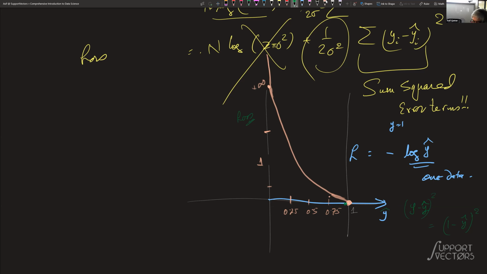Now, what about y hat equal to 0? When the prediction is 0, then this is 1. So it will start from here. And it is a quadratic, right? So this quadratic will be like this, isn't it? And the point here is, which is steeper? The pink one, the log function, right?